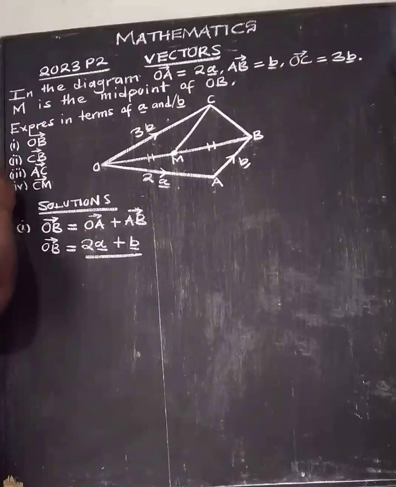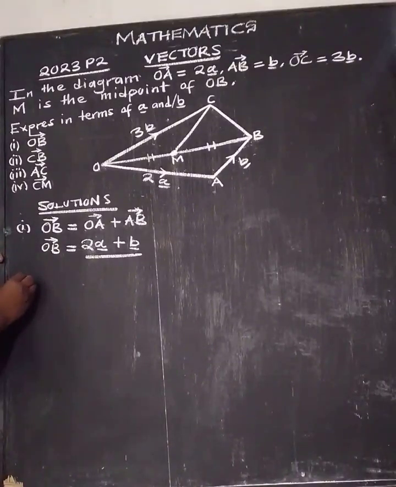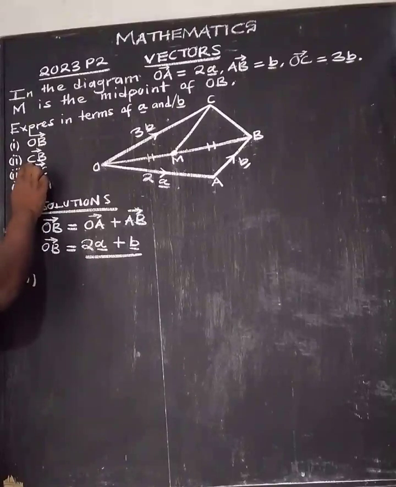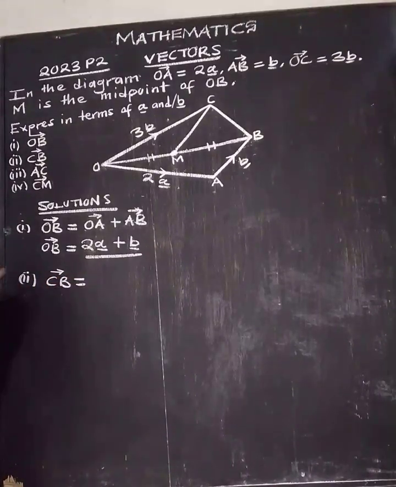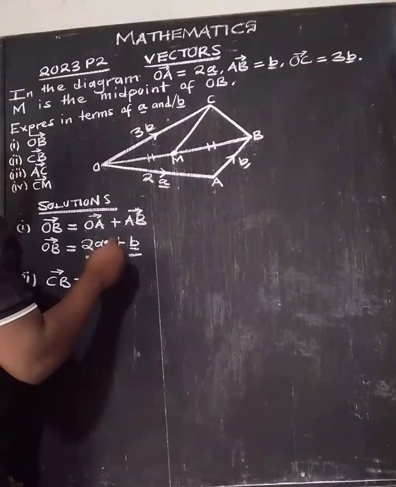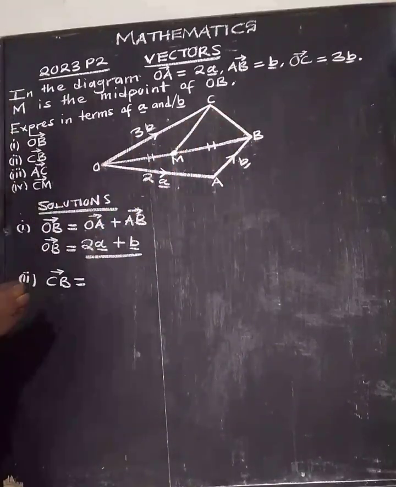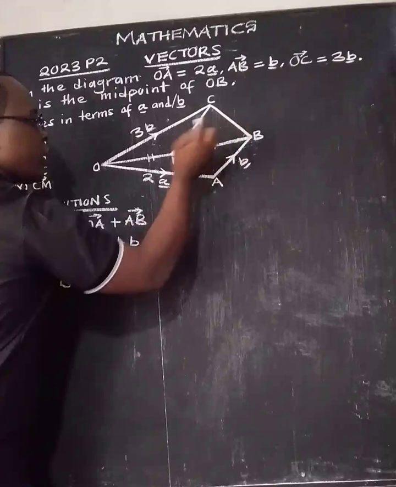Question Roman numeral 2, they want us to find CB. So how can we move from C to B? From C to B, you can move like this.